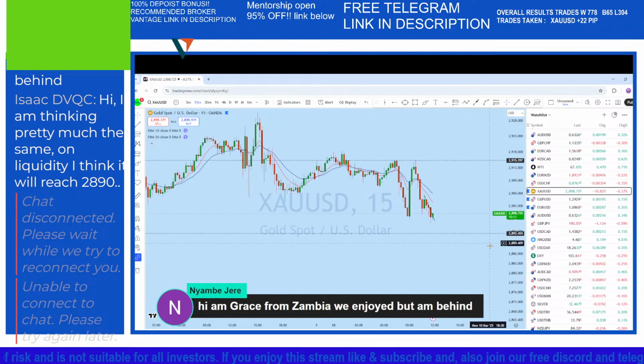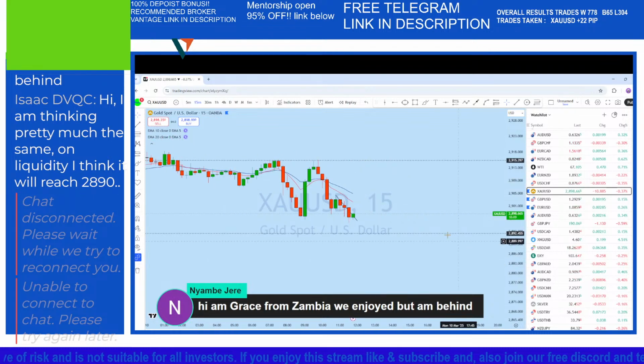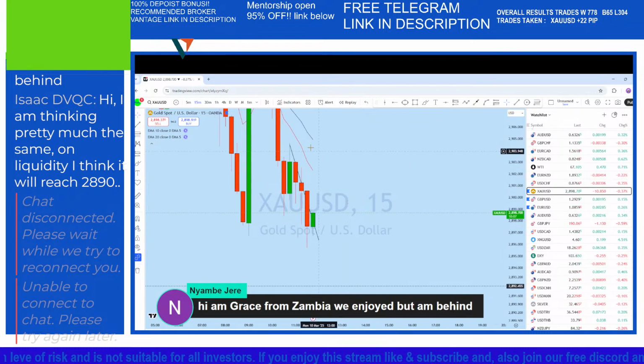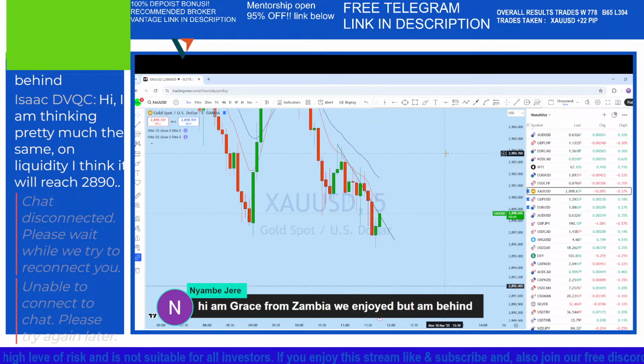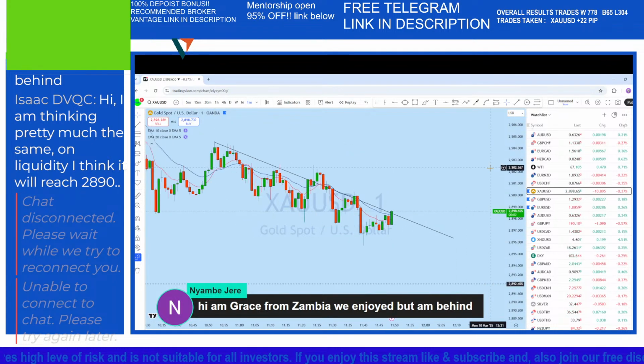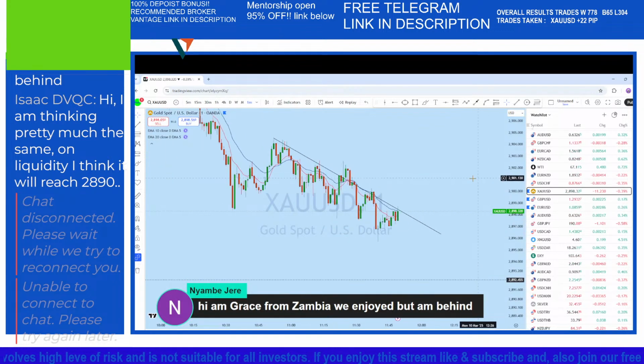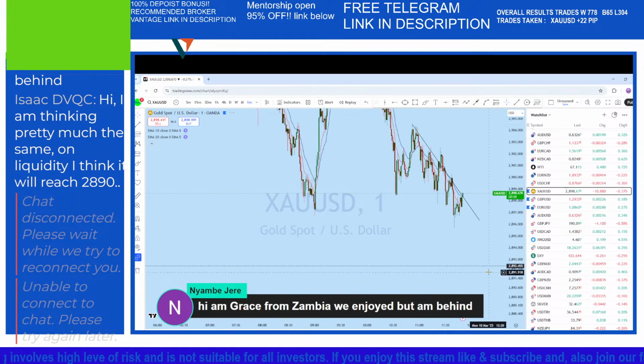This trend is still showing a significant bearish on XAUUSD, waiting for the market to give us further entry as the trend is still down.